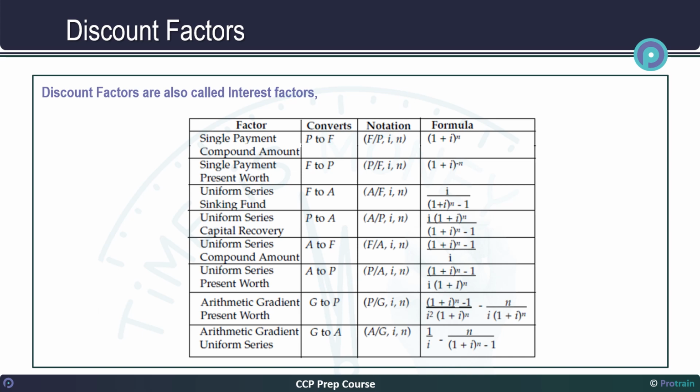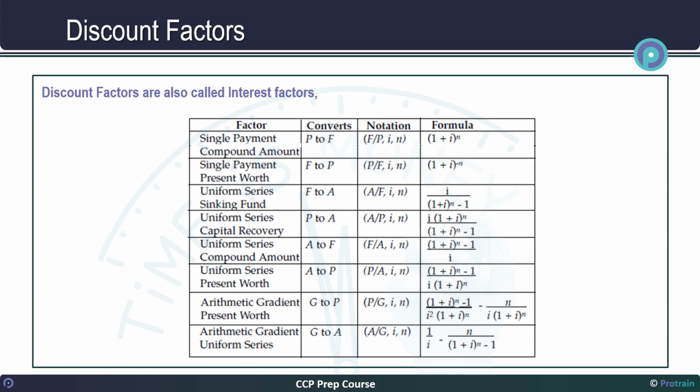If you are new to the concept of time value of money, you may find discount factors a bit tricky. We would suggest that you first understand the discount factors. Later we have provided tutorials to gain understanding of each discount factor. The table now shown on the slide shows 7 discount factors, from single payment to arithmetic gradient uniform series.